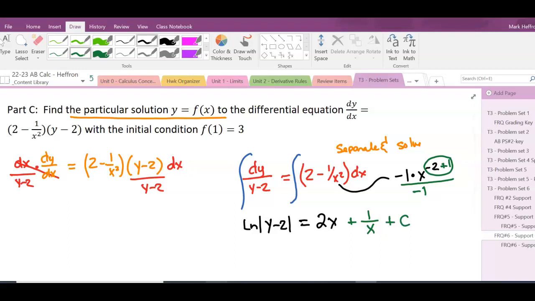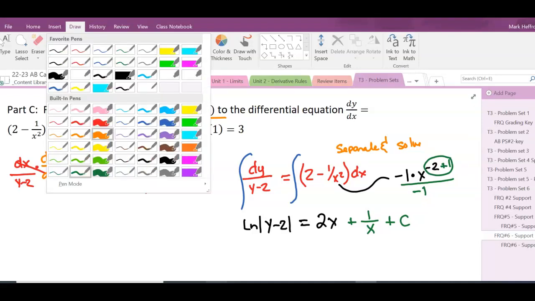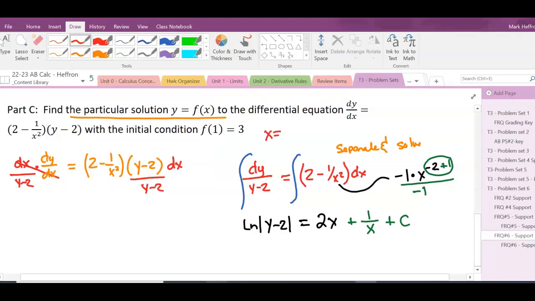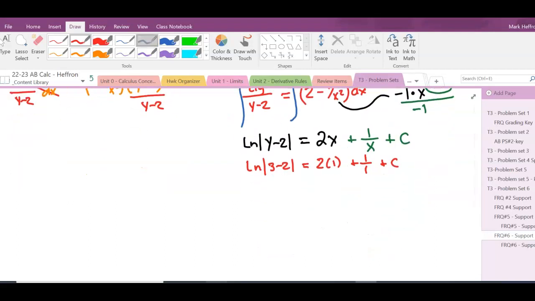Now I can use my initial condition of x equals 1, y equals 3 to get natural log of 3 minus 2 is equal to 2 times 1 plus 1 over 1 plus c. Or natural log of 1, which is just 0.